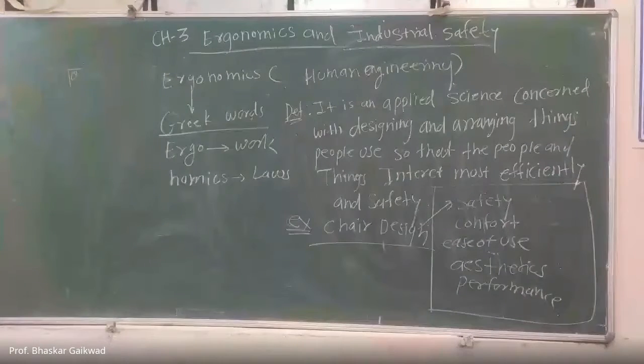In this whole chapter, you have to keep these 5 points: safety, comfort, ease of use, aesthetics means how it looks, performance means your average, then its life, then reliability, less maintenance. This part will come under the performance.